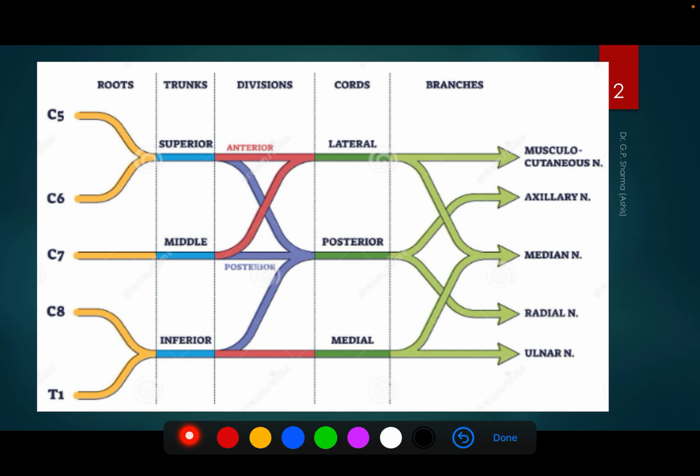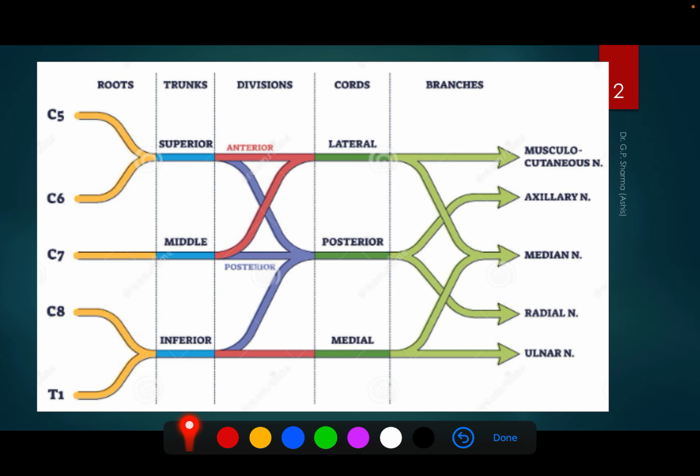So the brachial plexus, last class what we discussed was the mnemonic "Robert Turner drinks cold beer". We discussed the roots, the trunks, the divisions, chords, and the branches. The brachial plexus had the 5 root values C5, C6, C7, C8, and T1.